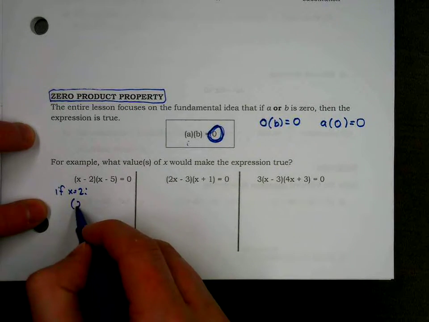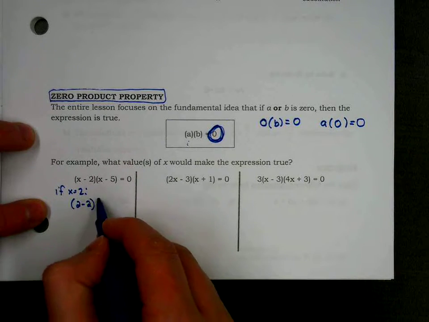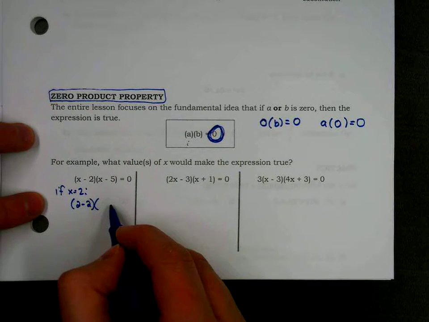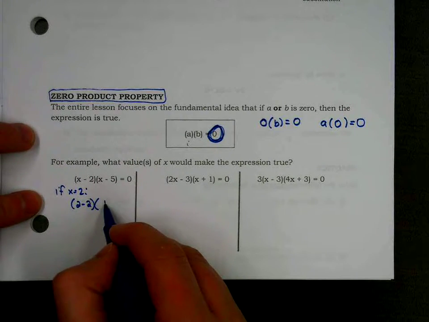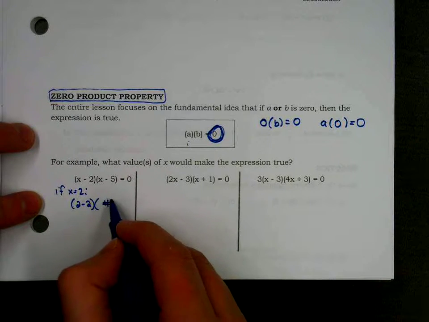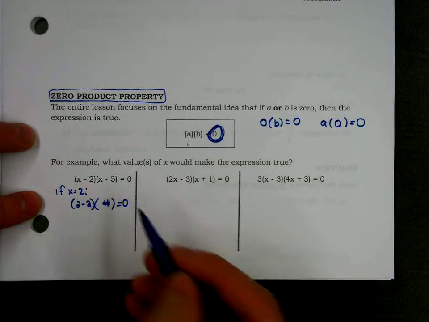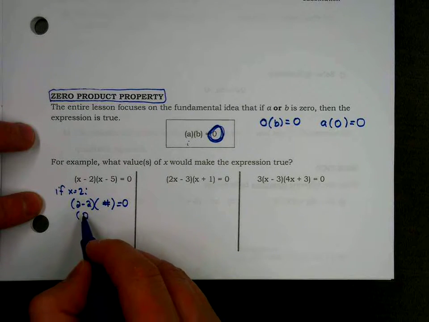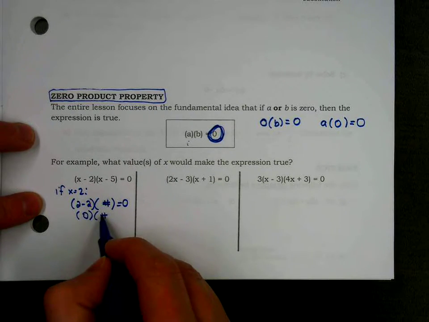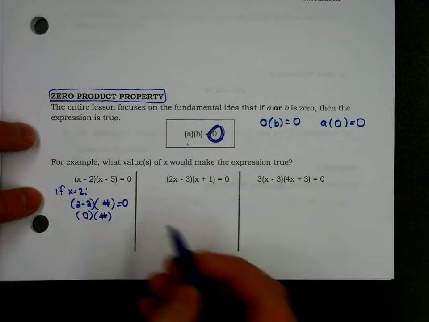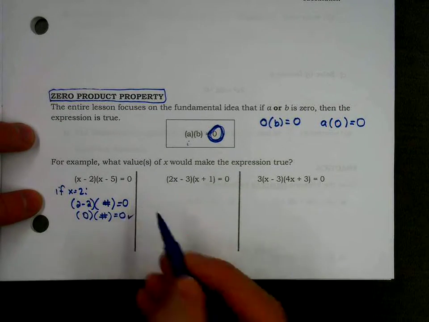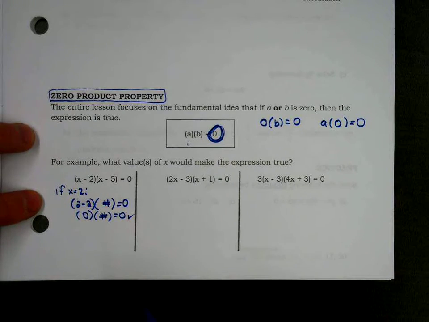We would have 2 minus 2 times 2 minus 5. I really don't care what the second one is. 2 minus 5 is technically negative 3, but I'm so confident that 0 times whatever number that was, negative 3, is going to result in a 0. So if x is equal to 2, the whole thing will work out, and we'll get a 0.